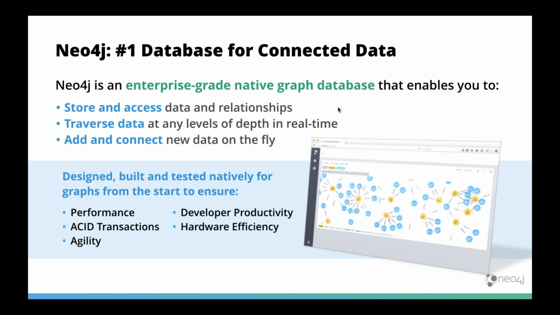You can traverse any level of depth, and when I talk about traversing, that's moving from, when we talked about the people and the cars and the nodes, moving from person to person to car to person to bag to color, whatever that might be. And then you can add and connect new data on the fly.